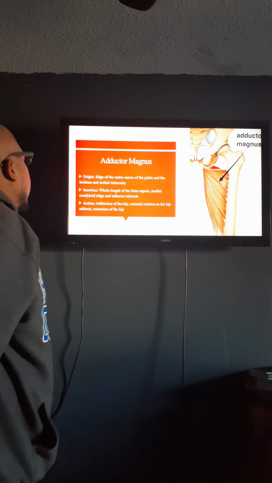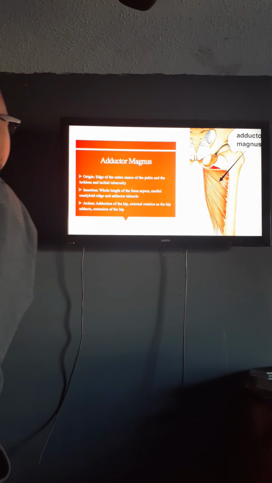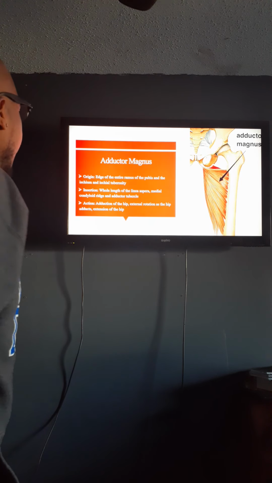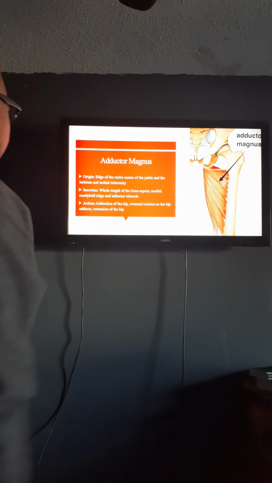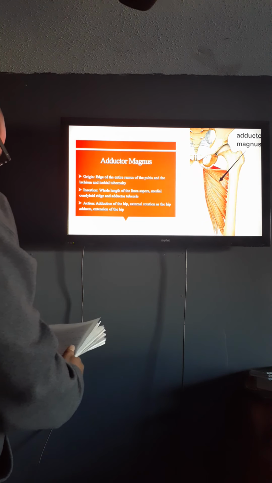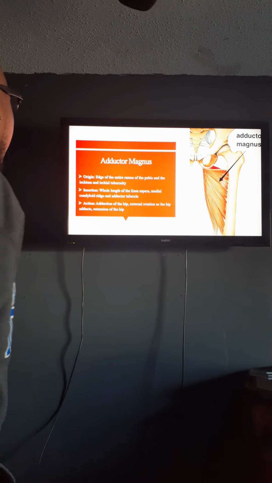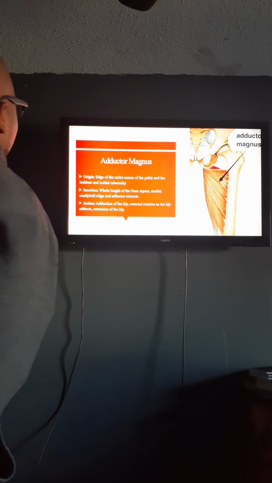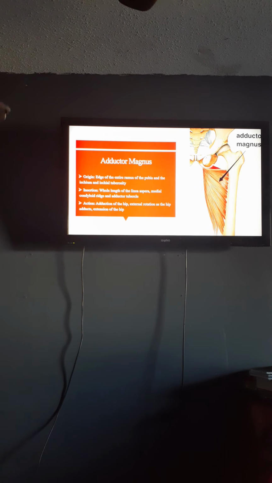Adductor magnus. Origin is the edge of the entire ramus of the pubis and the ischium, the ischial tuberosity. Insertion: the whole length of the linea aspera, medial condyloid ridge, and the adductor tubercle.